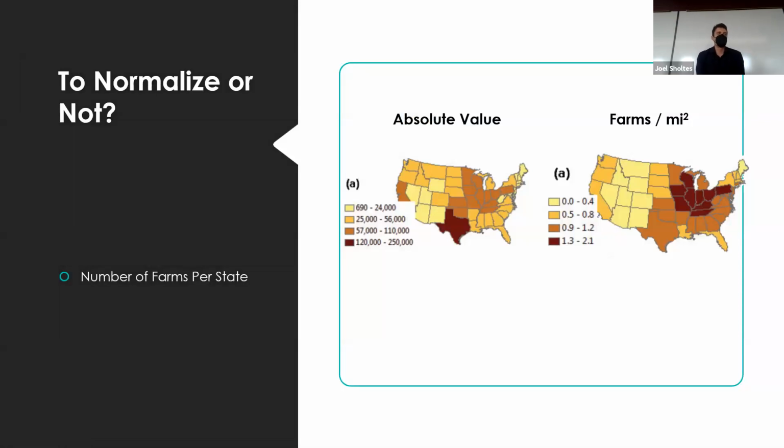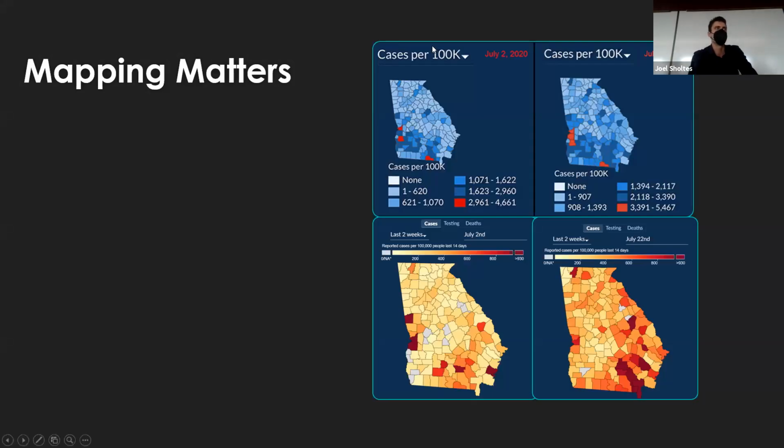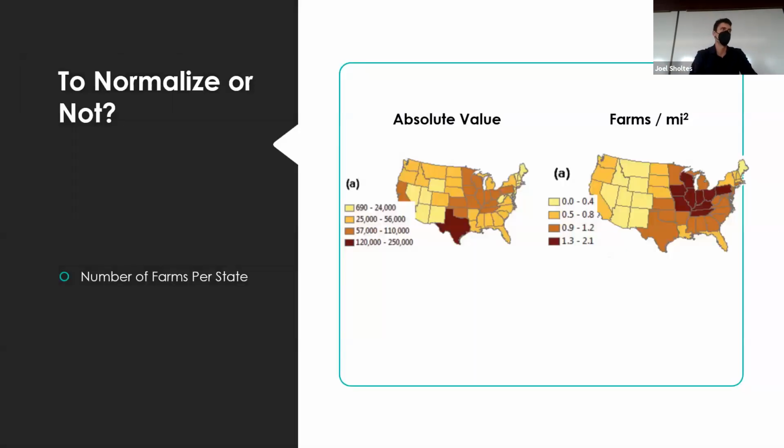So one of the things we can do to compare data across vastly different types of situations, you'll notice that this data is cases per 100,000. So that's called normalization, right? We divided by 100,000 so that we can compare the kind of density of COVID cases. Here's a map, says number of farms per state.